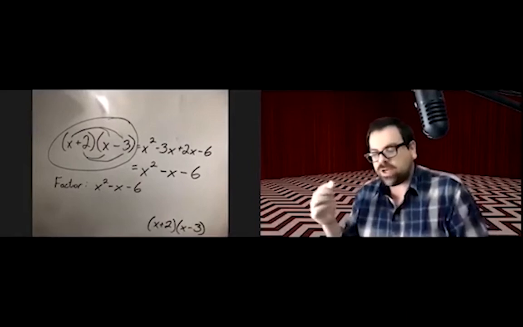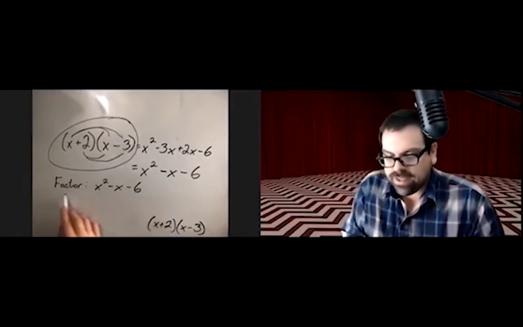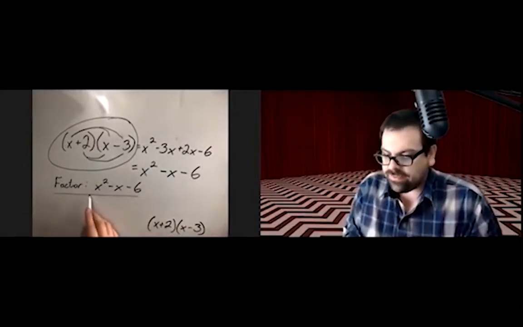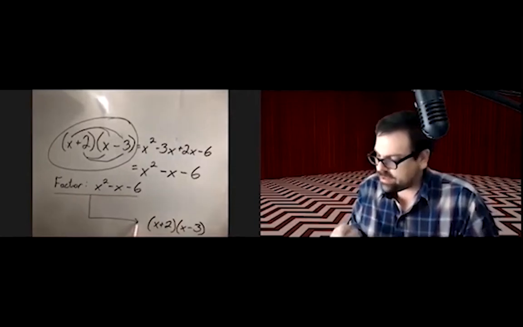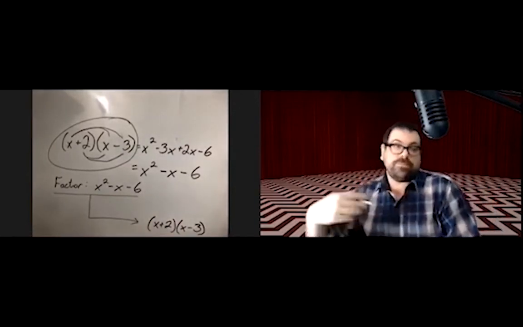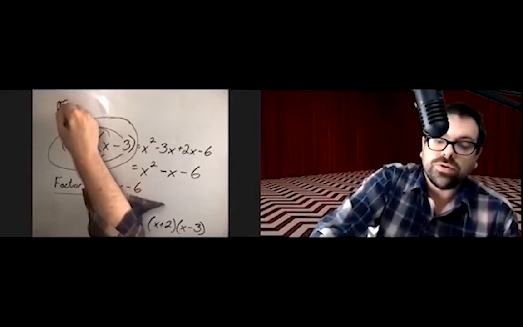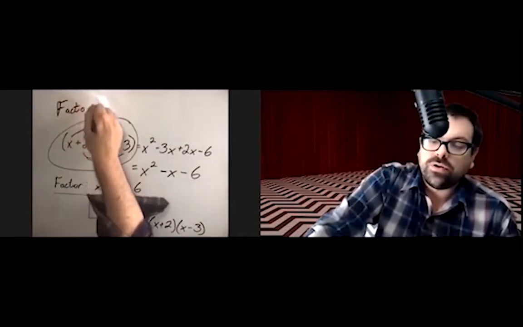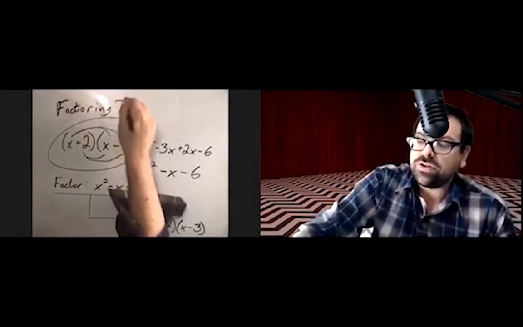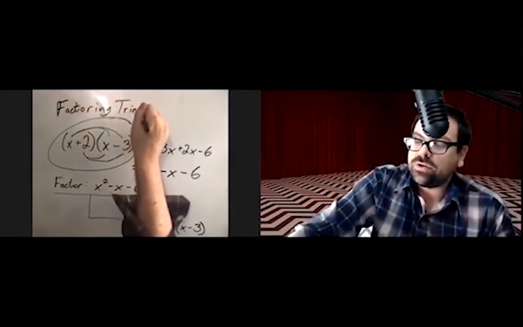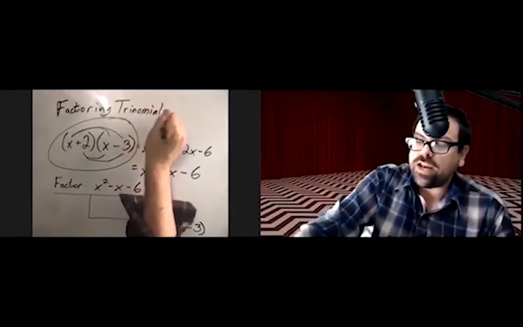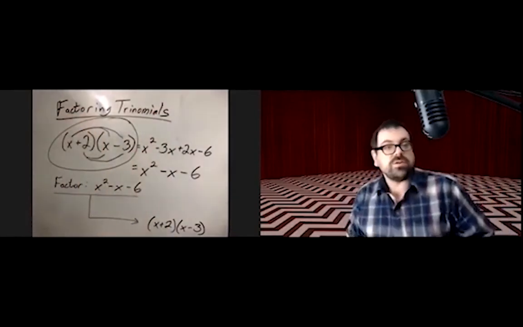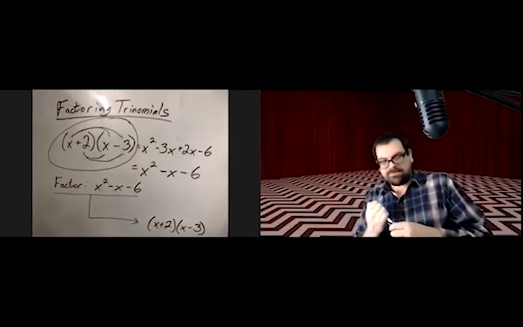What we're going to do today is see the process that takes us from that to that as we learn how to factor trinomials. We're going to factor 3-term things.